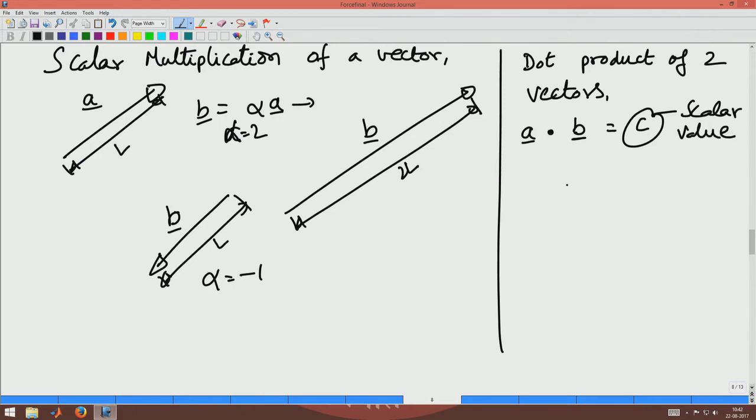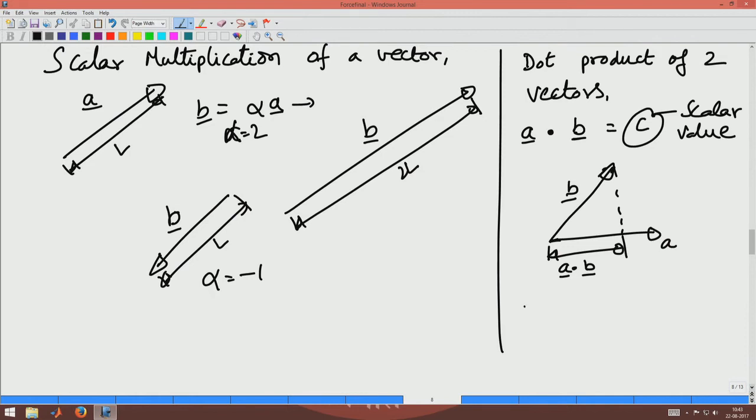Okay. What it means is, if I have a vector A, I have a vector B, that line segment, I project this vector onto this, and this length is denoted by A dotted with B. Okay. That length is denoted by A dotted with B.